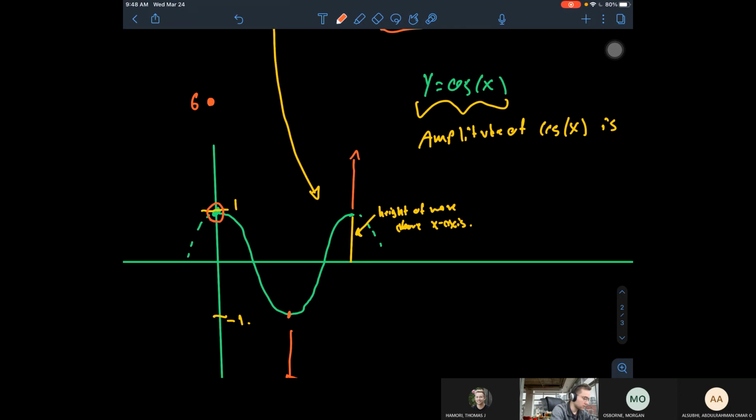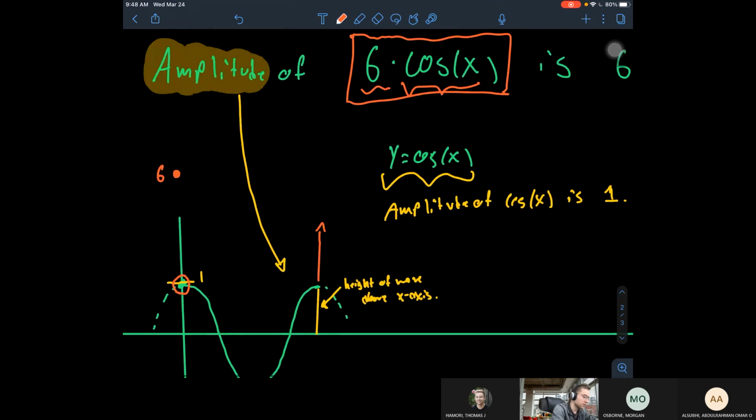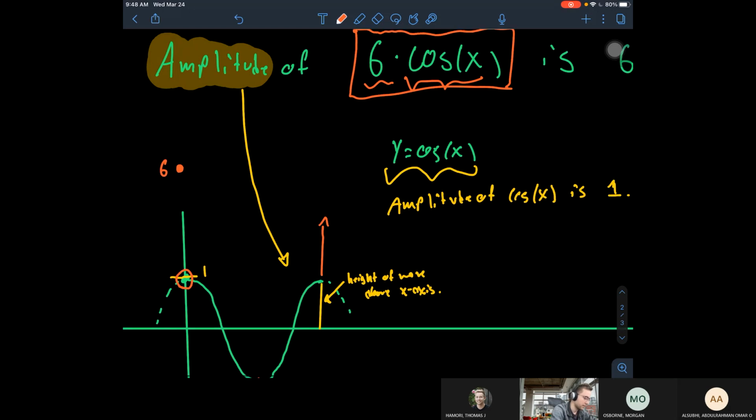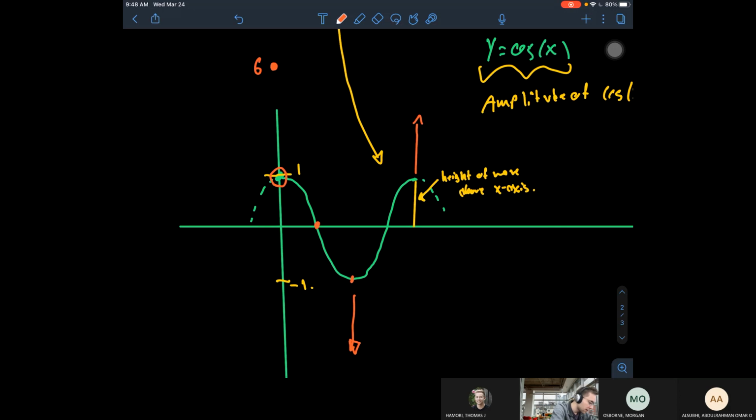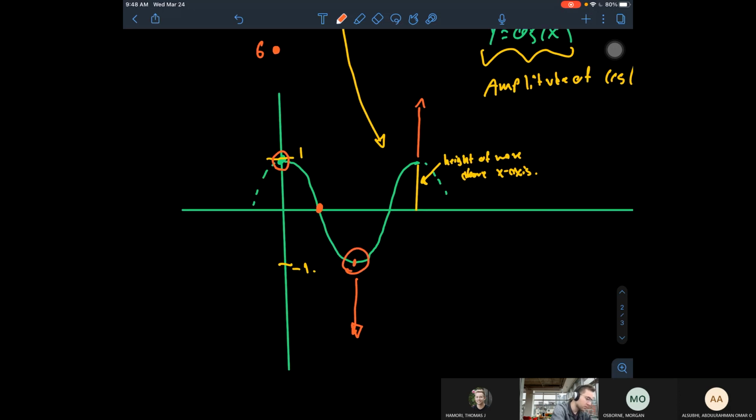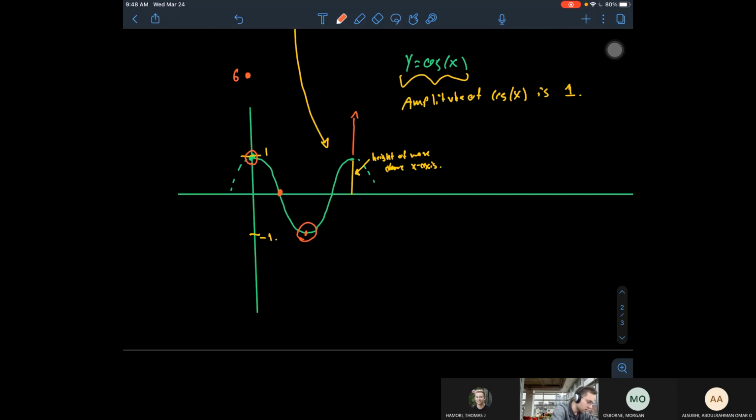Well, if it was 0 before and we multiply that height by 6, what do we get? 0 again, that's right. So again, it goes through this point. And then how about a point which is at -1? So now I'm talking about this point here. Where does it go? -6. It goes down to -6, that's right.